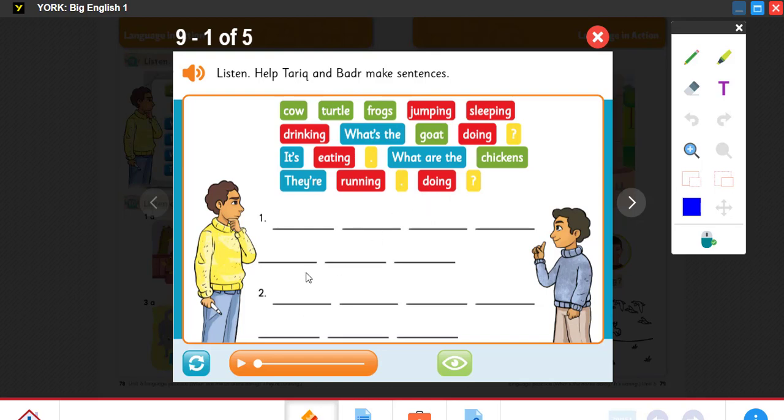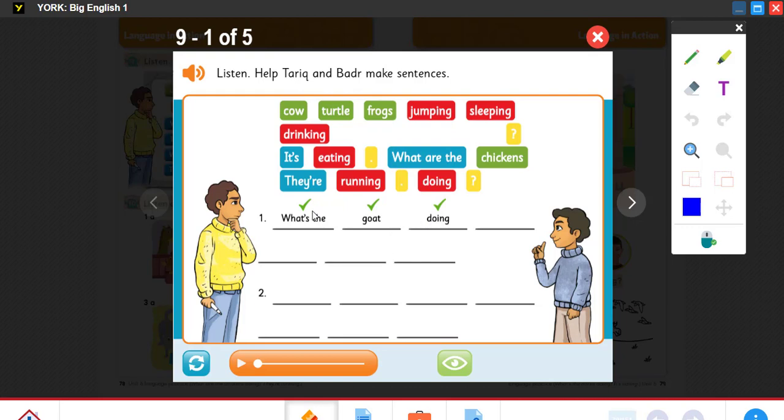Good. Now let's try to form questions and their answers. Number 1. Yes. Correct. What's the goat doing?